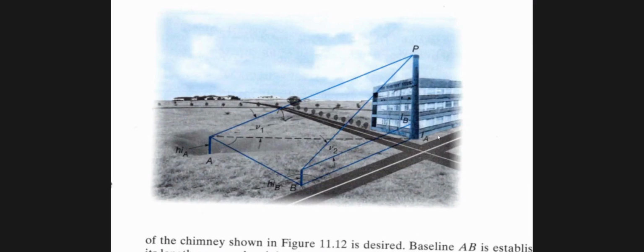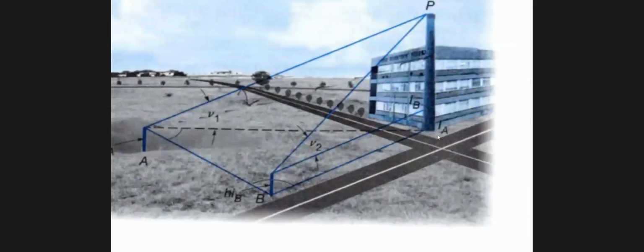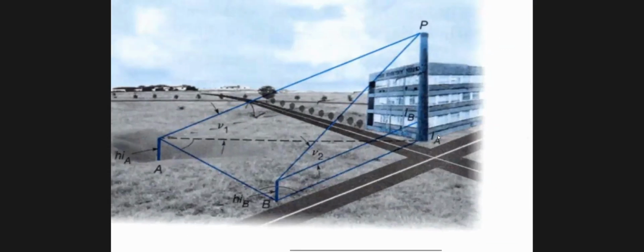We're going to use the same nomenclature and the same variables that this sample problem in the textbook uses. Notice, however, they're measuring to the top of a smokestack and we're measuring to the top of a bridge. That's irrelevant. The math is all the same.